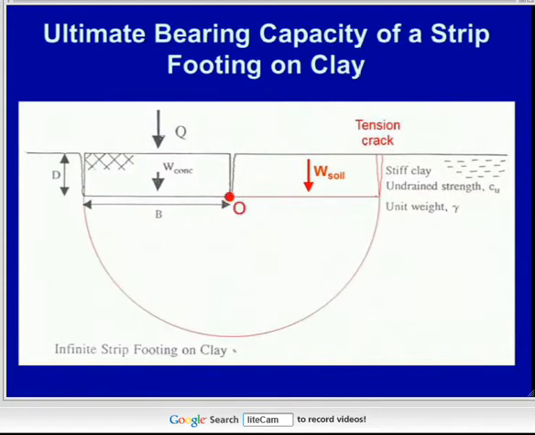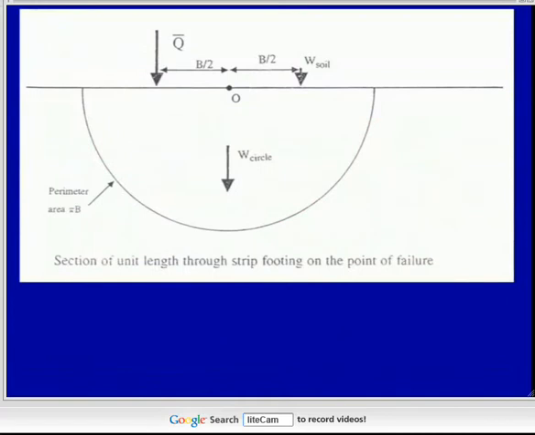We come up with a failure mechanism like so, rotating round that direction. We've taken that diagram and converted it to a false diagram. So here we've got Q bar, which is equal to the applied load plus the foundation weight. We've got the soil here replaced by its weight.